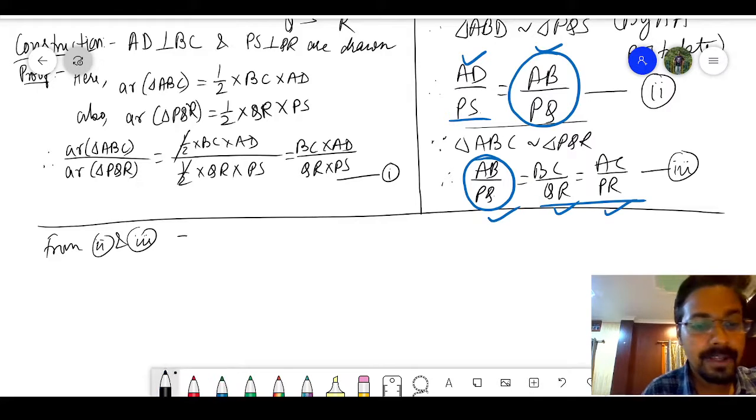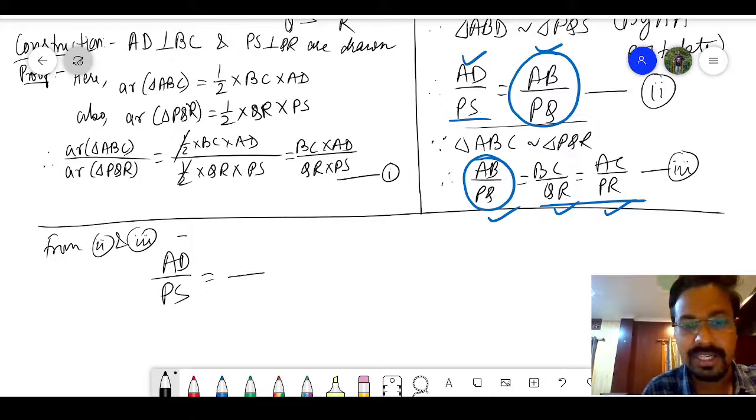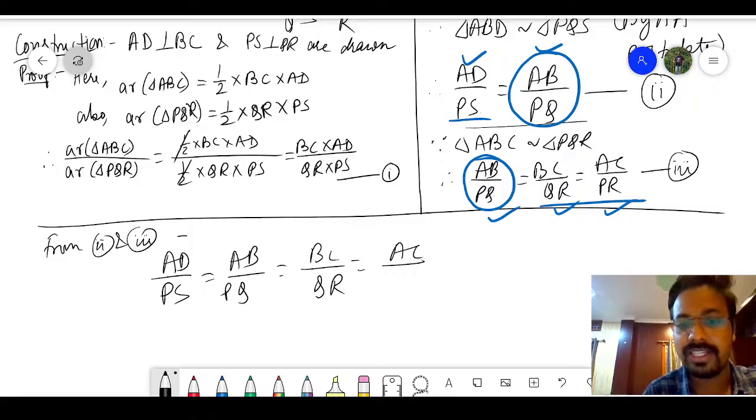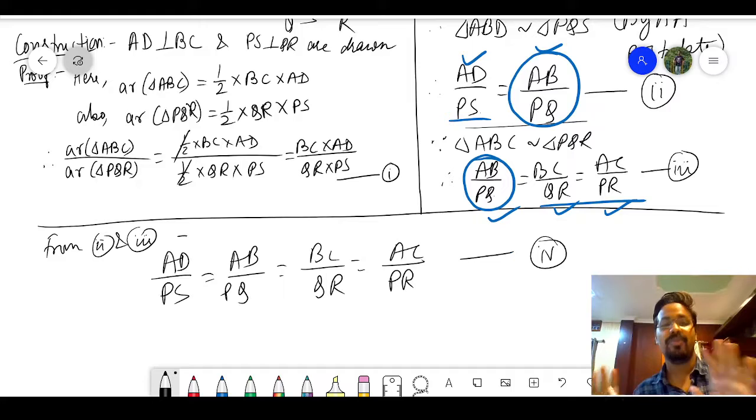These two are equal. So from 2 and 3 we will write AD by PS, the ratio of the perpendiculars, is equal to AB by PQ, BC by QR, and of course AC by PR. Take this as number 4. Now we will apply this to our equation 1.